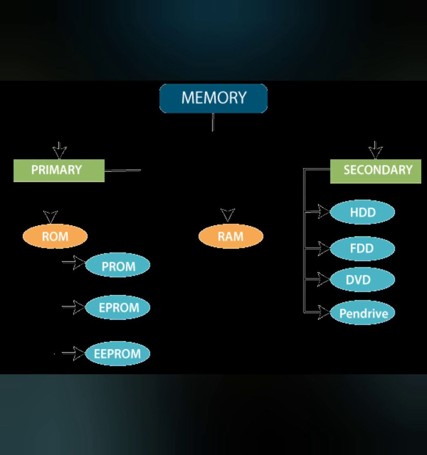The data stored in the EPROM can be erased by exposing it to ultraviolet light. And EEPROM is electrically erasable programmable read-only memory. The information written on EEPROM can be erased by using electric signals.